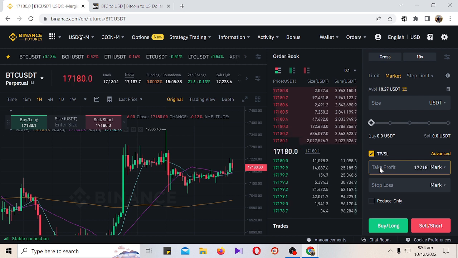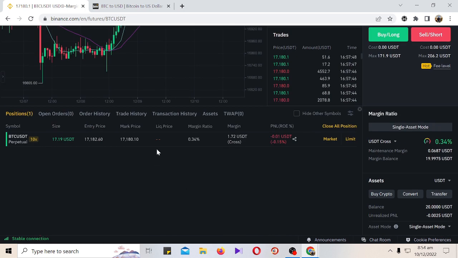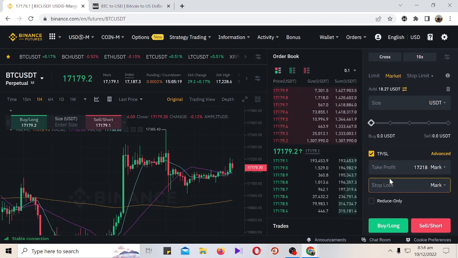17218. Okay, then our loss. Let's enter our stop loss. Right now we have our entry price here, so we can enter our stop loss at 17,160.